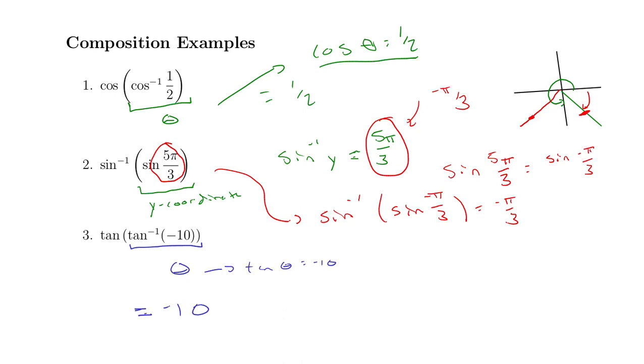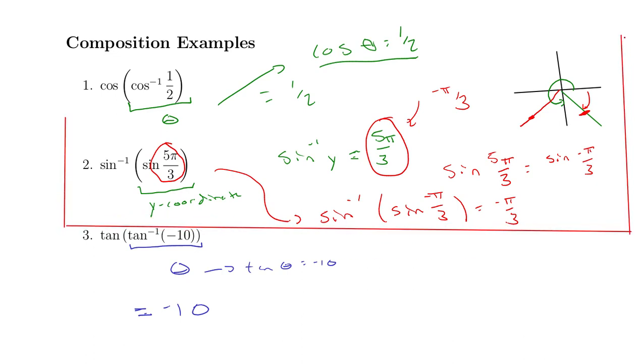The only hard one, I think, is this middle one here, where we have to worry about the domain restriction and that kind of thing. So let me cut this off like that.